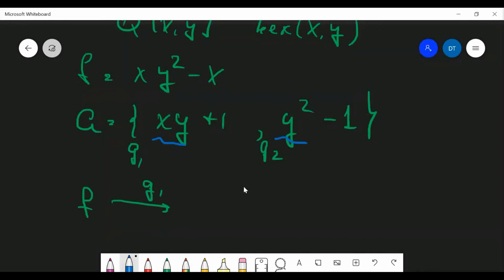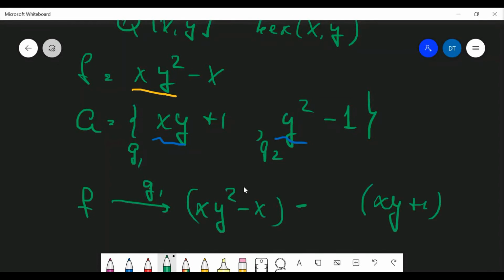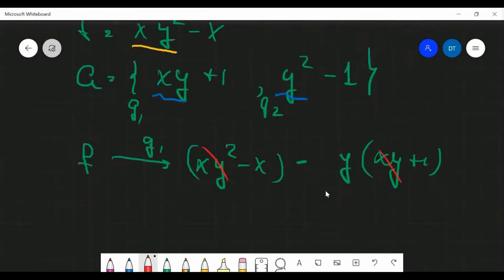In both cases, only this monomial is divisible by the leading terms of g1 and g2. So what do we do? We take xy² − x, and we subtract xy + 1 multiplied by y. In this case, we can cancel the required monomial.